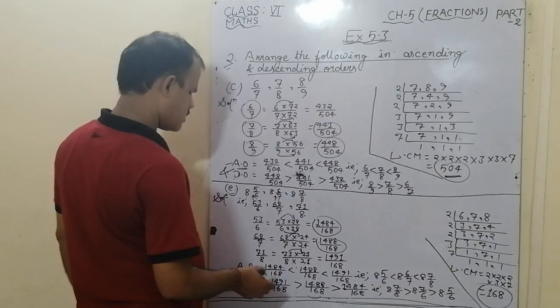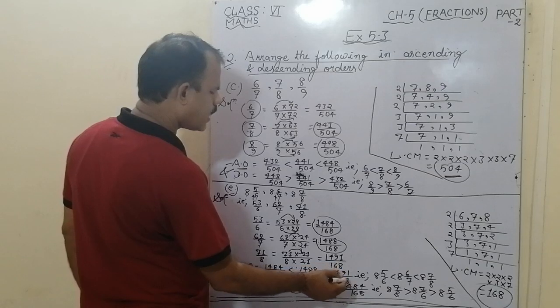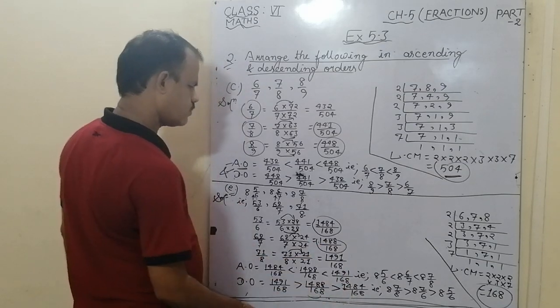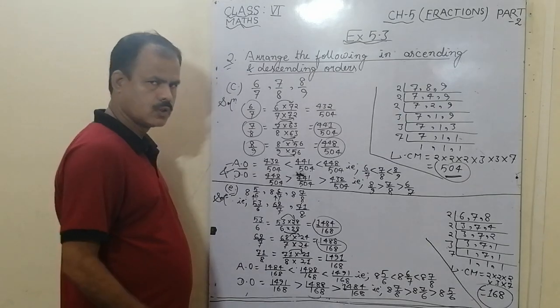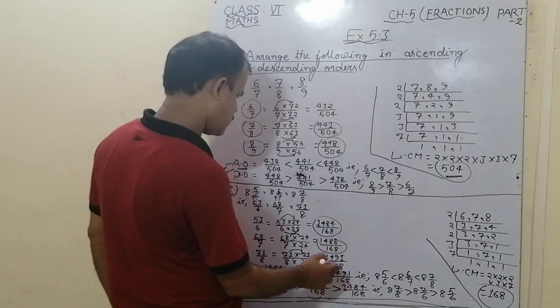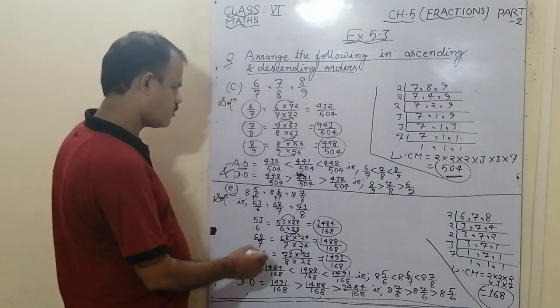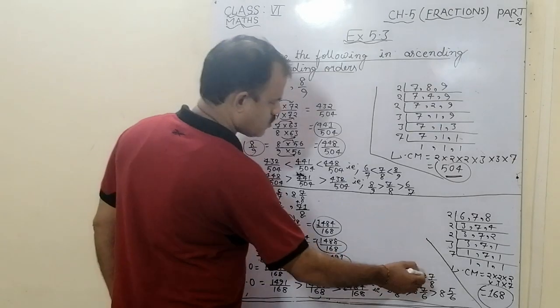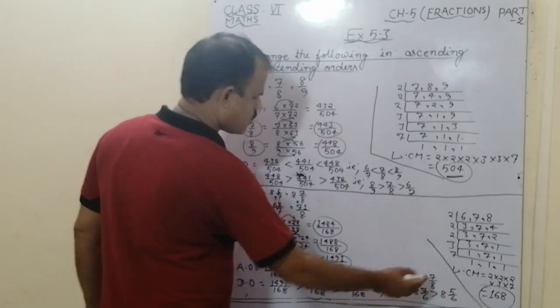And next, 1491 upon 168 represents 71 by 8, and 71 by 8 is 8 whole 7 by 8. So we write this 8 whole 7 by 8.